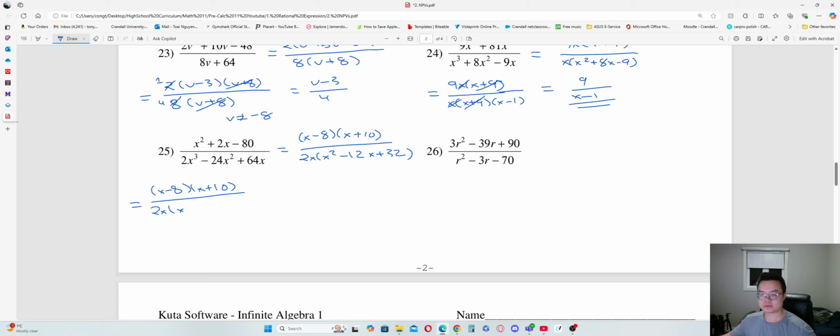Then I'll have x minus 8, then x minus 4. X minus 8 cancel out. Then I will have x plus 10 over 2x times x minus 4. I'm going to use this to find my NPVs, so x cannot be equal to 0 and also 4.